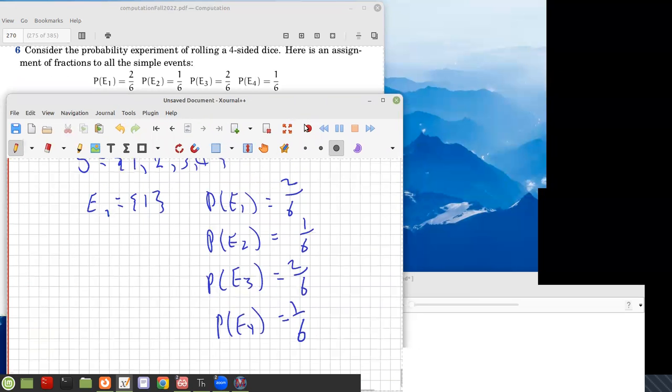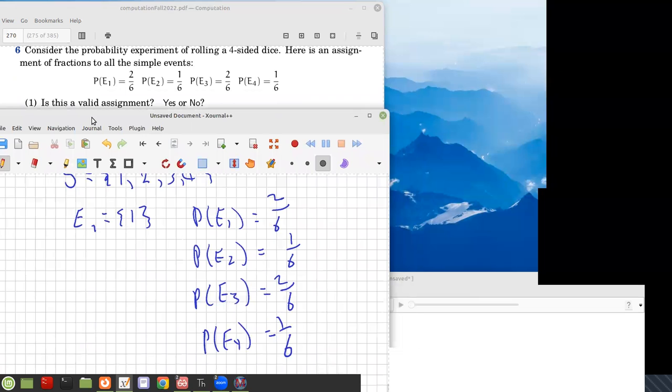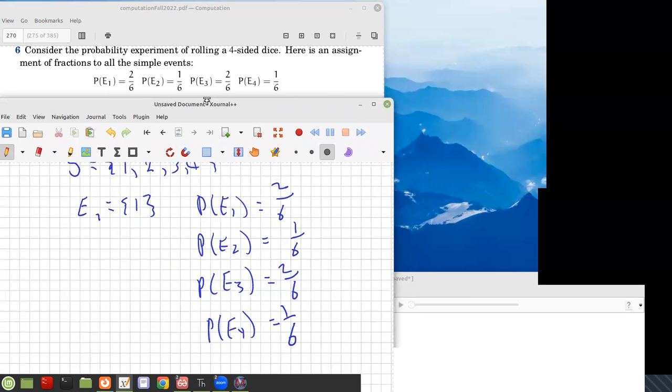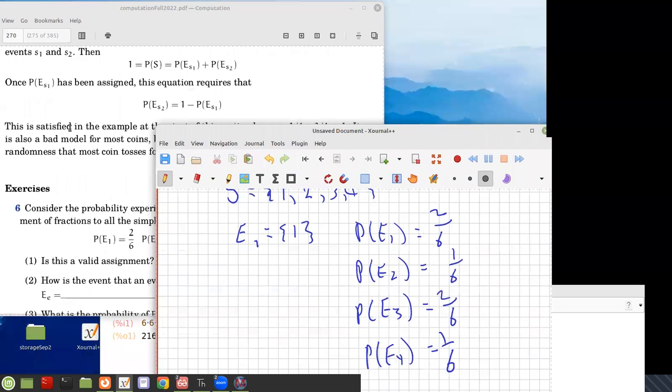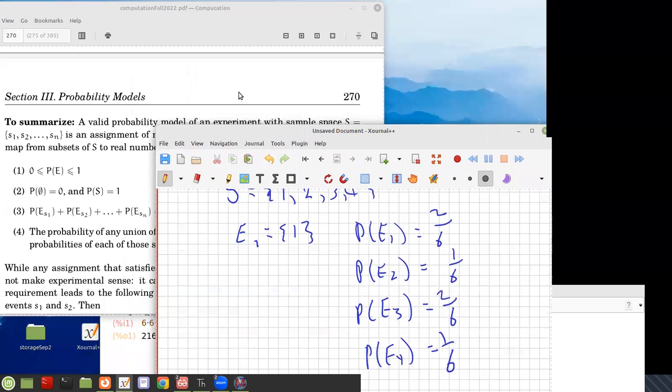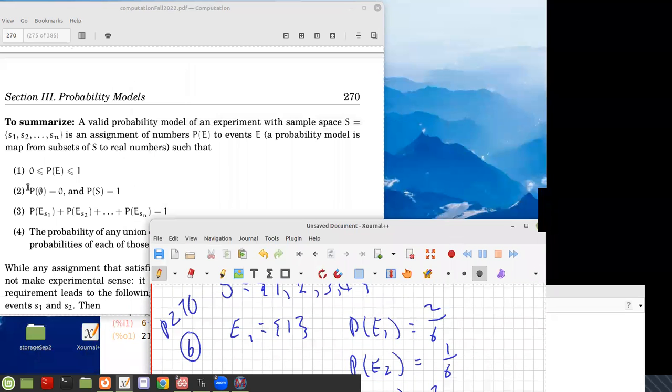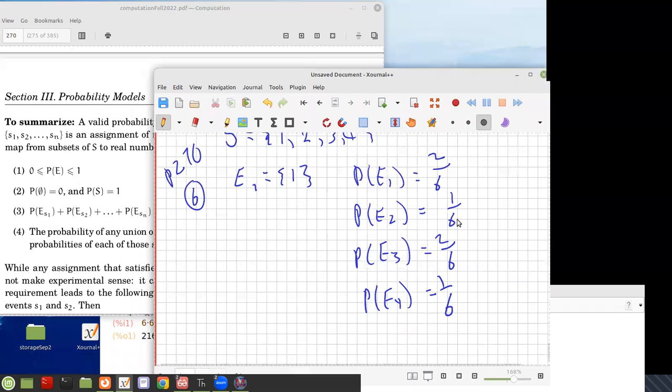But here, the question is, is this a valid assignment of probabilities? This is on page 270, question 6. Does it satisfy all of these 4 conditions? Well, obviously the fractions here are between 0 and 1.